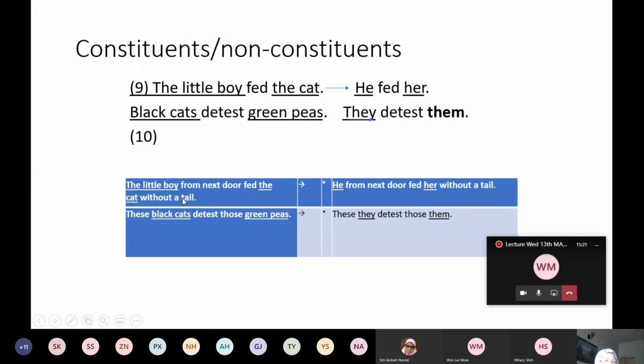Okay, same thing. The little boy from next door fed the cat without a tail. But in this instance, it is not grammatical. So in grammar, when it's not grammatical, we put an asterisk there, like this one. The little boy, which is substituted by he, is okay.